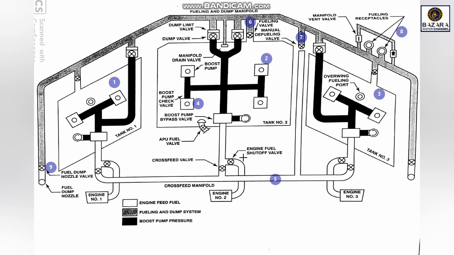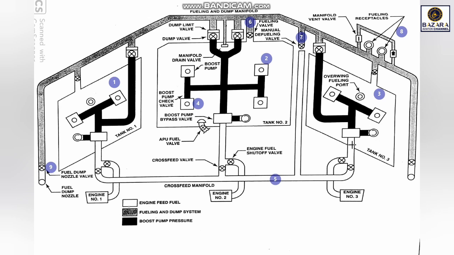How can fuel be delivered from the tank to the engine? We will see now. When the boost pump works, it will compress the fuel and deliver it to the engine directly like this.